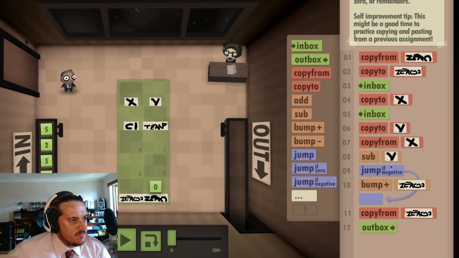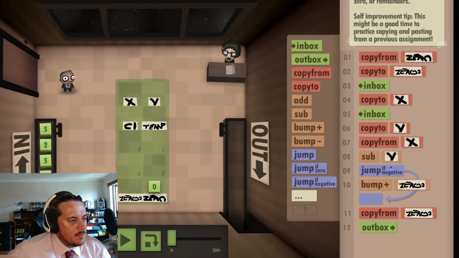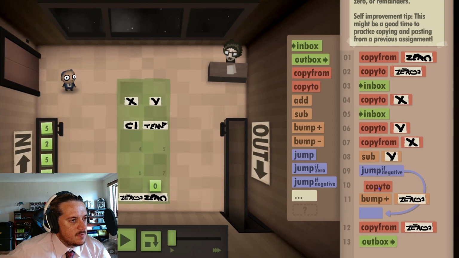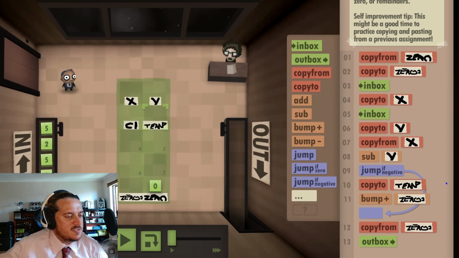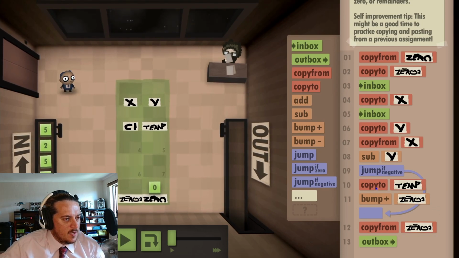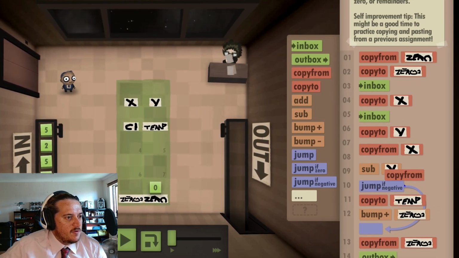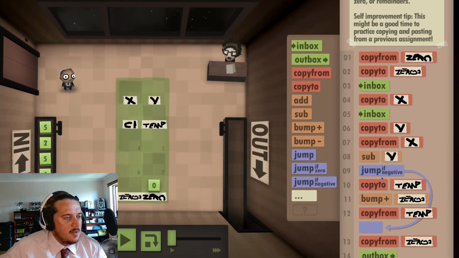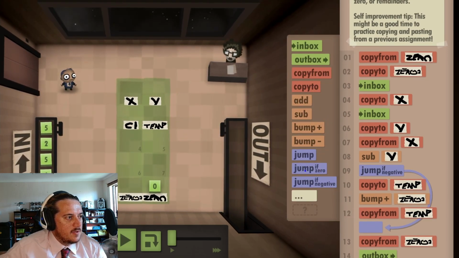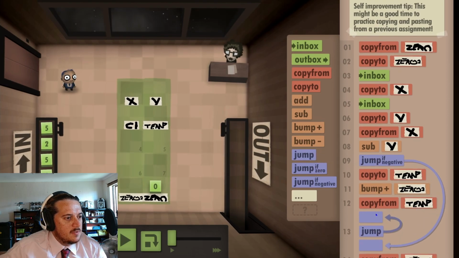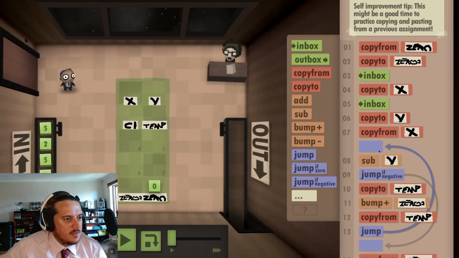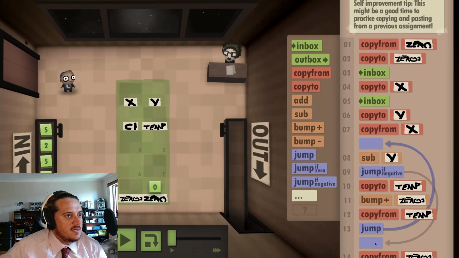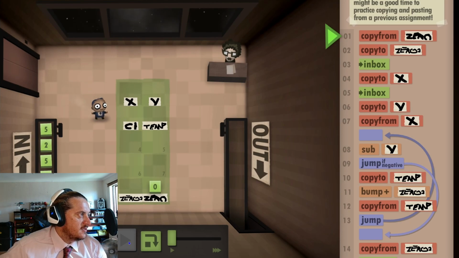If positive, I'm going to save this number as temp. Right? I'm going to save it as temp. I'm going to bump 0, 1. I'm going to copy from temp. And I'm going to jump to sub Y again. Yeah, I don't know if that's right. I don't know. Let's see.